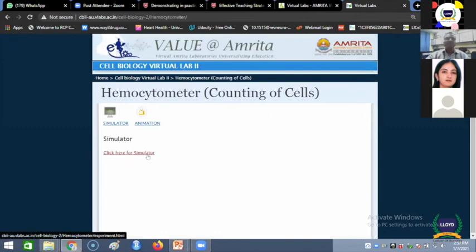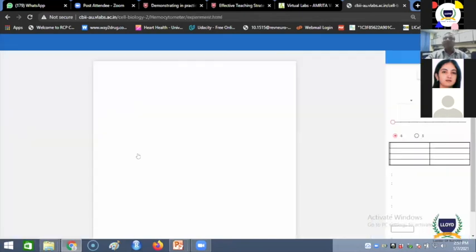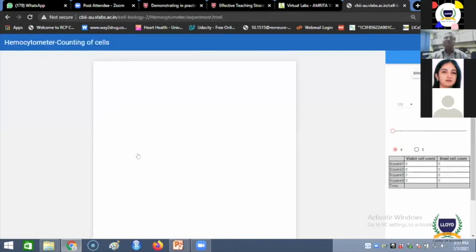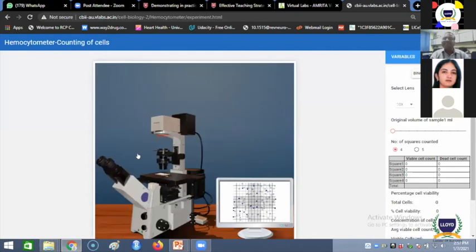And last week itself, I used this particular platform to tell students how to use a microscope, how to look at the cells, how to count the cells. All this the students can do on their mobile screens using this very informative, very nice resource.